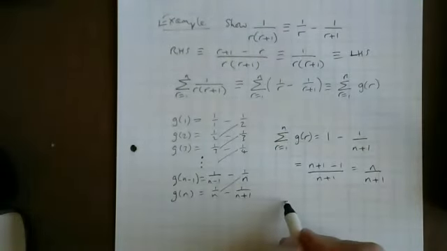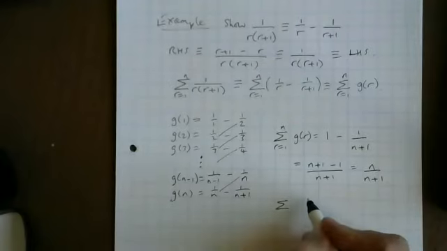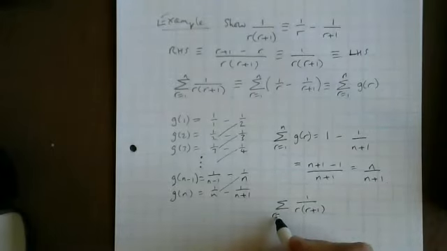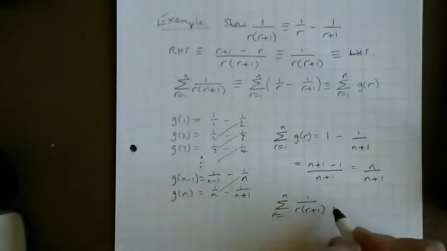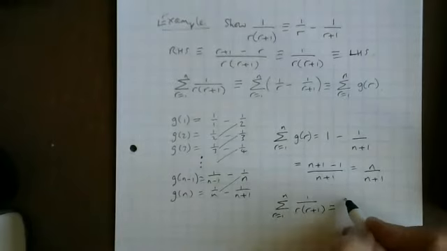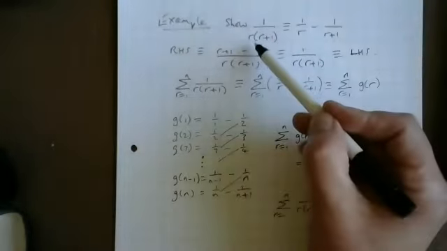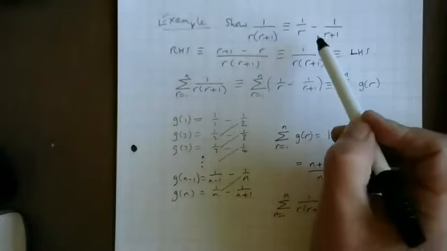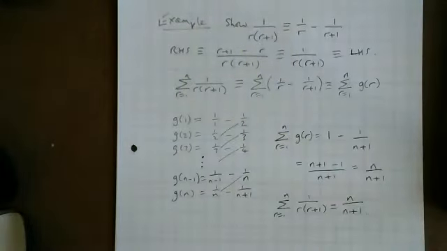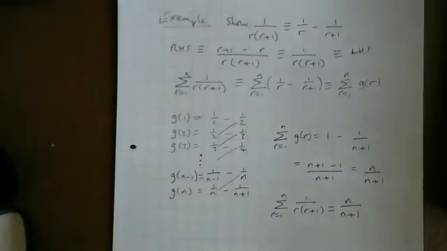So we have the sum of 1 over r times r plus 1, from r equals 1 to n, is n over n plus 1. So that example gave us at the beginning that 1 over r times r plus 1 is 1 over r minus 1 over r plus 1. They won't always be quite that helpful, but they'll often be of that type.